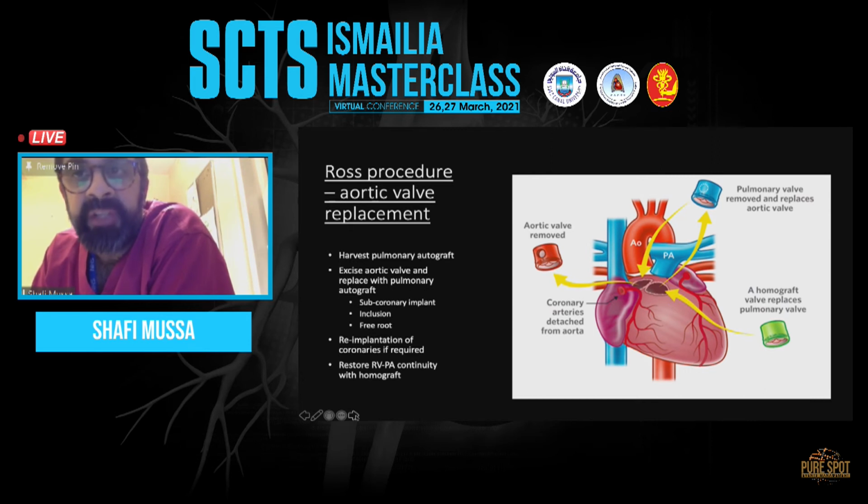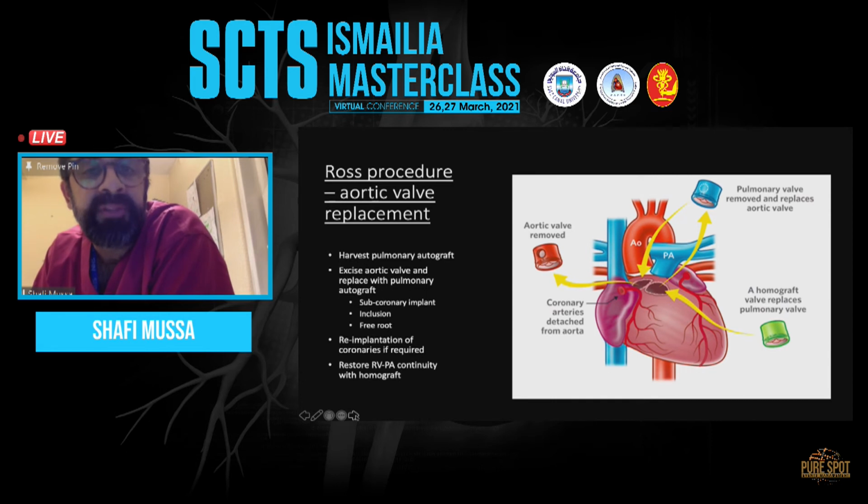The operation involves harvesting the pulmonary autograft. So the pulmonary valve is taken off the right ventricle on its muscular skirt, the infundibulum, with a short segment of pulmonary artery.